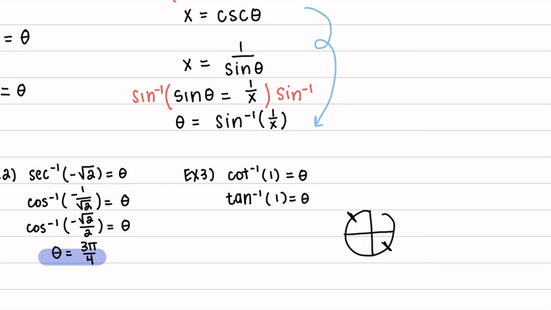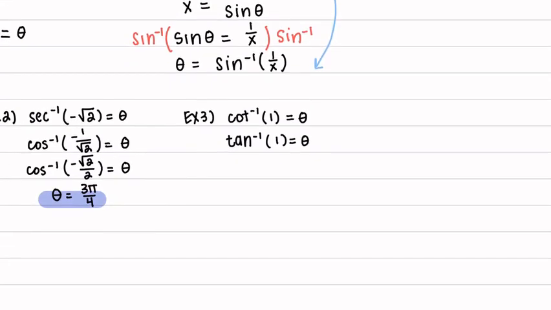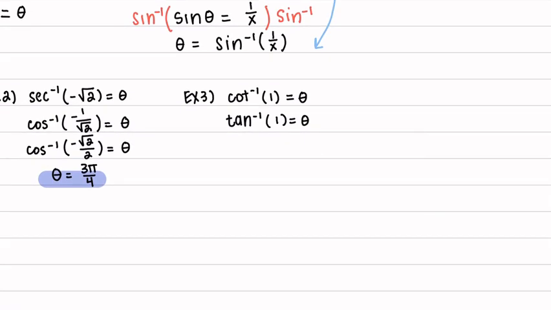Well, cotangent, I can only have values for cotangent in the first or second. So we just have to be really careful with cotangent and tangent because their values are not in the same quadrant. So always think back to the original question. So this would be in the first quadrant, because remember our options are first and third. Cotangent happens in the first and second. So it'd be in the first quadrant at theta equals pi over 4.